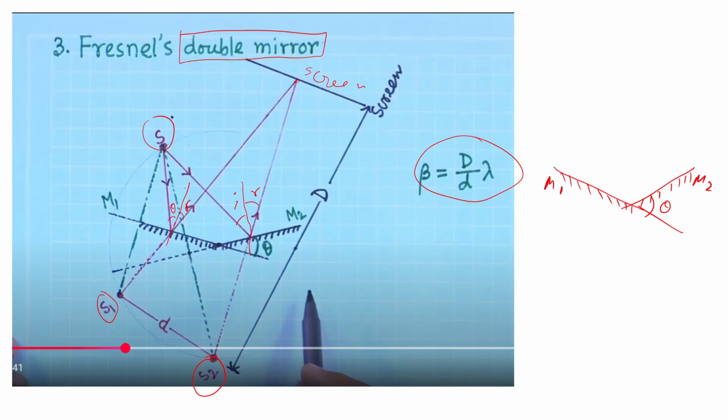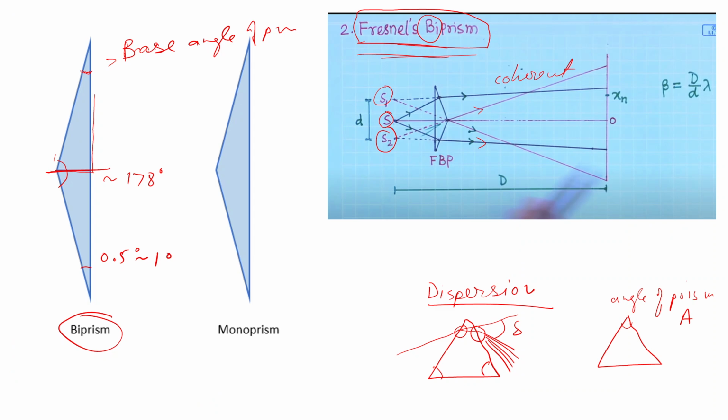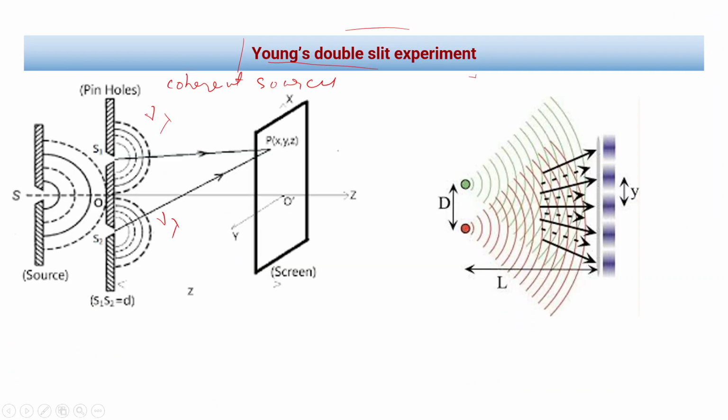In these, the position of the fringe is taken from the center, and that center is at the midpoint between the two source positions.